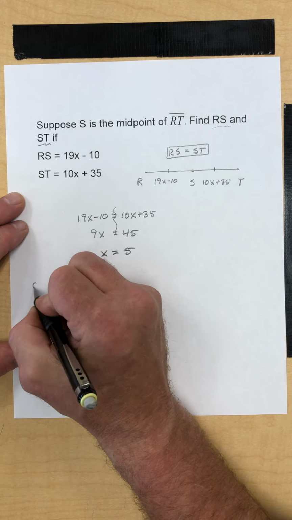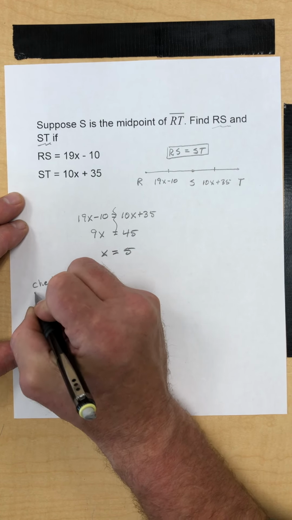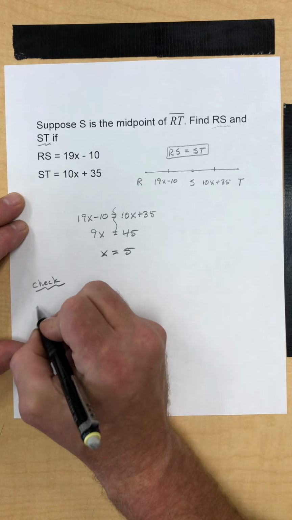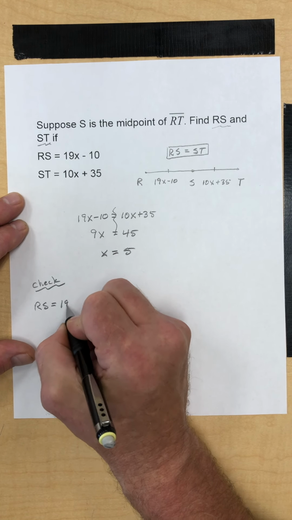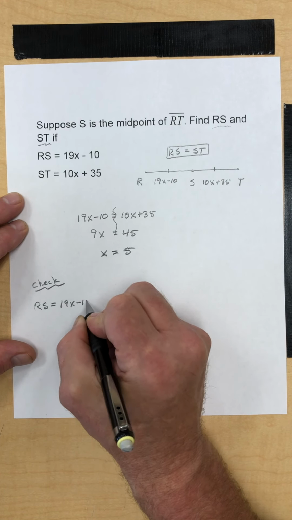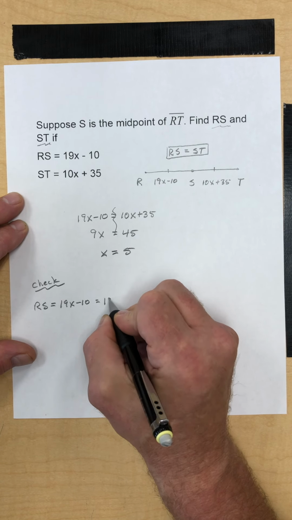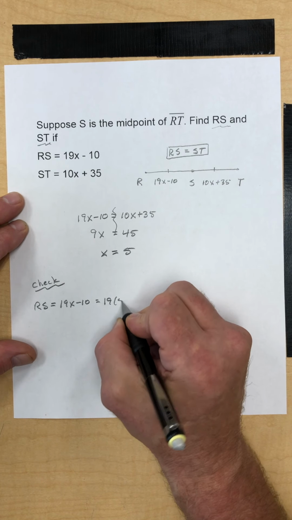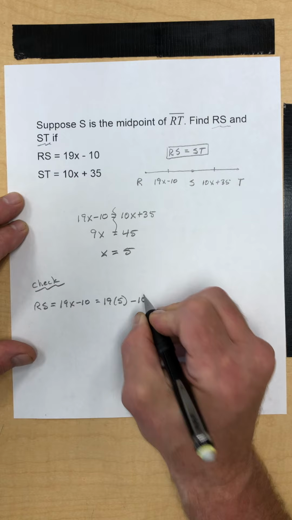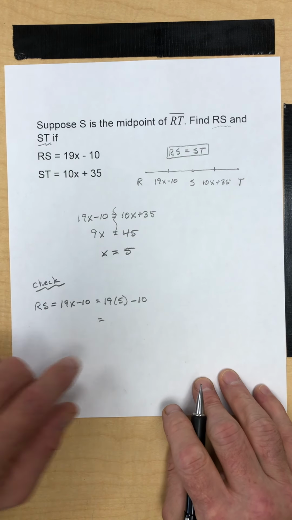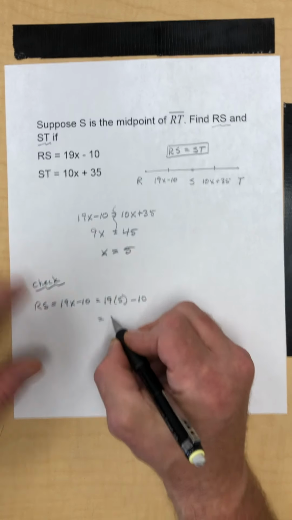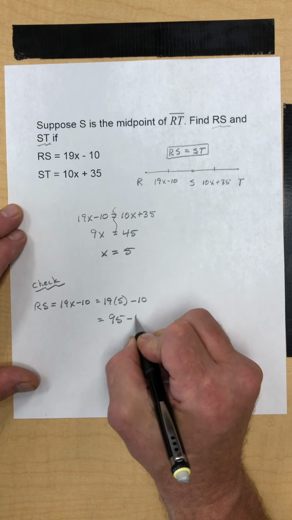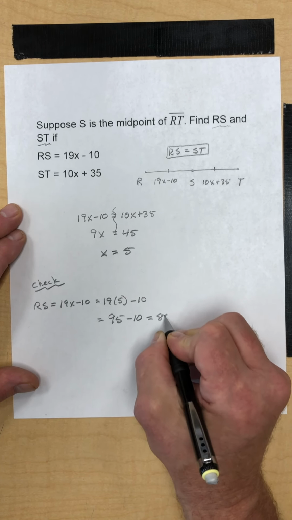Okay, let's check this. I'll do RS first. So RS, which is 19x minus 10. So I get 19 times 5 minus 10. That would be 95 minus 10, which obviously is 85.